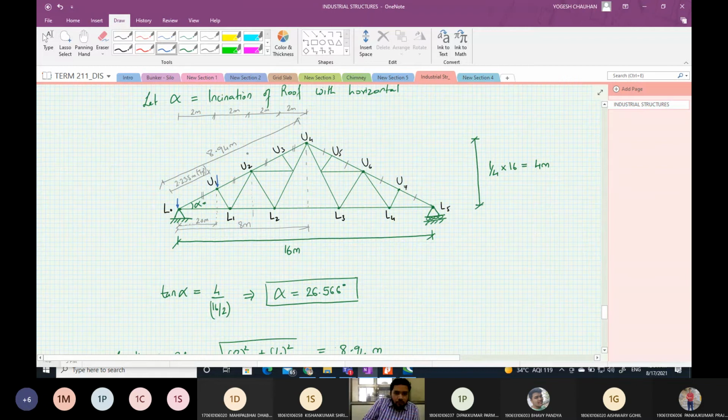Similarly, for every other panel point, half load comes from each side. So these intermediate points are the full panel points, and these are the half panel points.